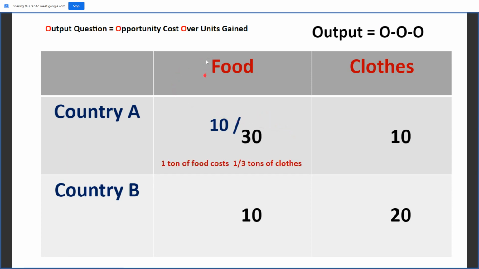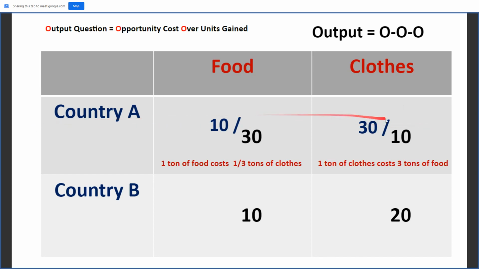So every time you produce 1 ton of food, it's going to cost 1/3 a ton of clothes. If I want to solve for per unit opportunity cost of clothes, when I make clothes, what's my opportunity cost? Food. Take that 30, drop it over on top. Now we can say that every time you produce a ton of clothes, you give up 3 tons of food. So the opportunity cost of 1 ton of clothes is 3 tons of food.